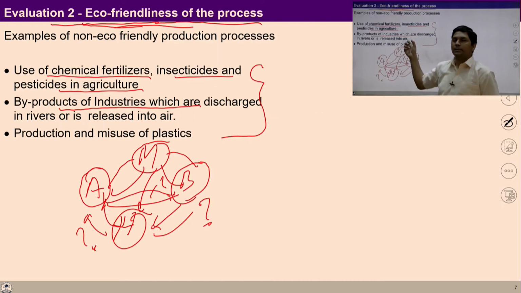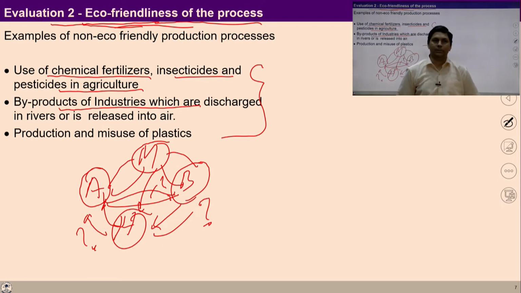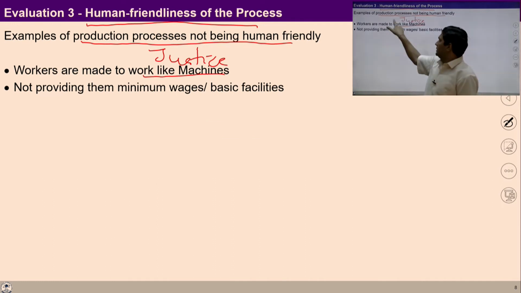The second thing is eco-friendliness: whether the whole process of the production system is eco-friendly or not. Eco-friendly means the produced things are in order, in harmony with the rest of the orders or not. Then ensuring justice with the human beings involved in the production system. So these are three evaluations which can be done easily.